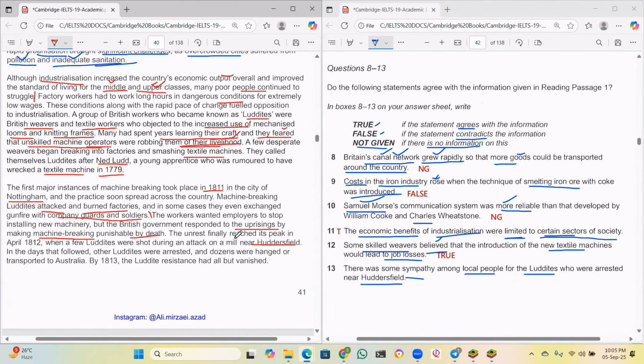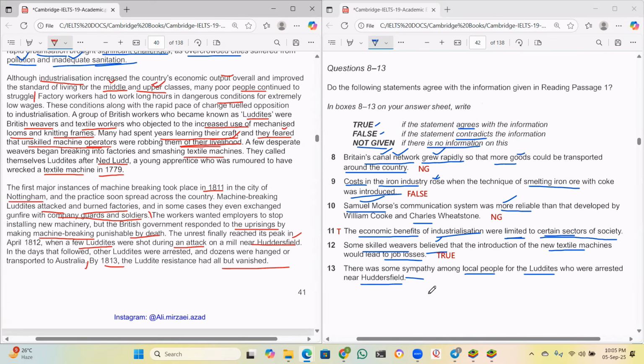The unrest finally reached its peak in April 1812 when a few Luddites were shot during an attack on a mill near Huddersfield. In the days that followed, other Luddites were arrested and dozens were hanged or transported to Australia. By 1813, the Luddite resistance had all but vanished.